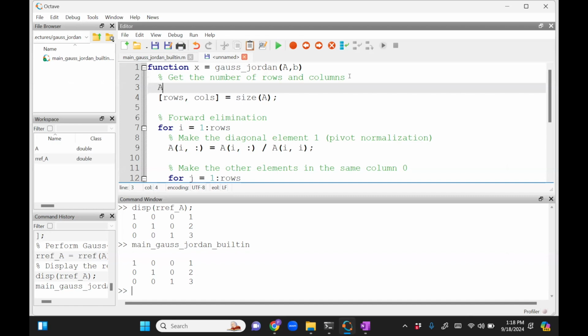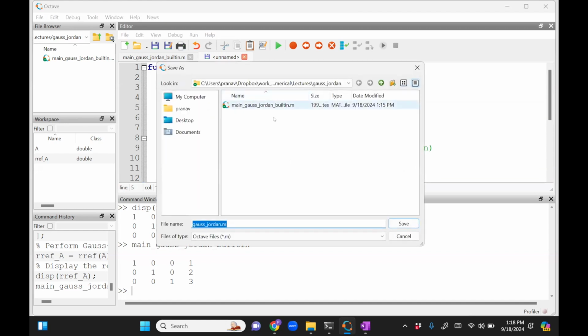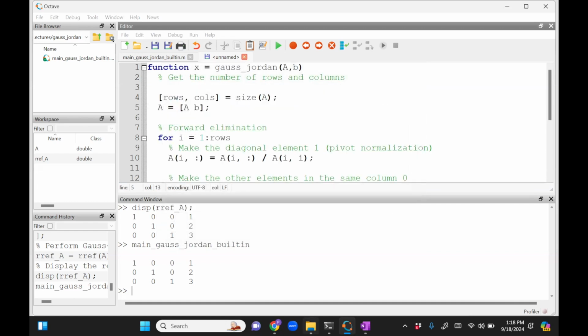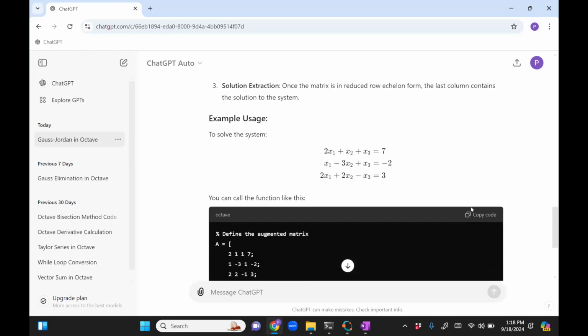And then A equals A, B. So I just augmented the matrix. Okay, and Gauss Jordan looks right. Let's go back to the main function which calls it.